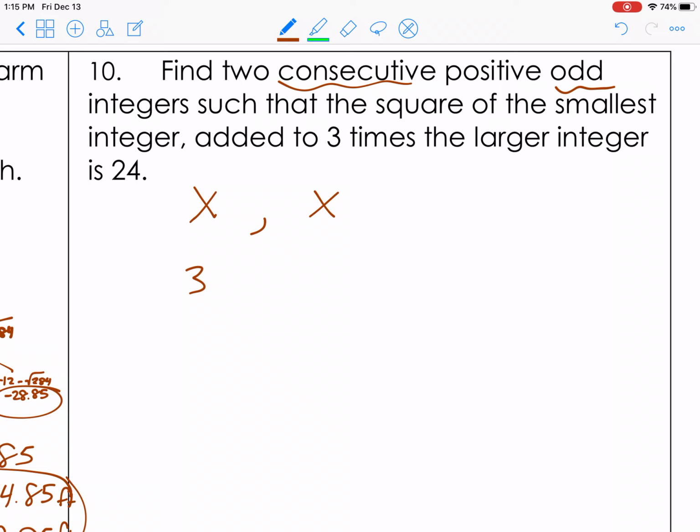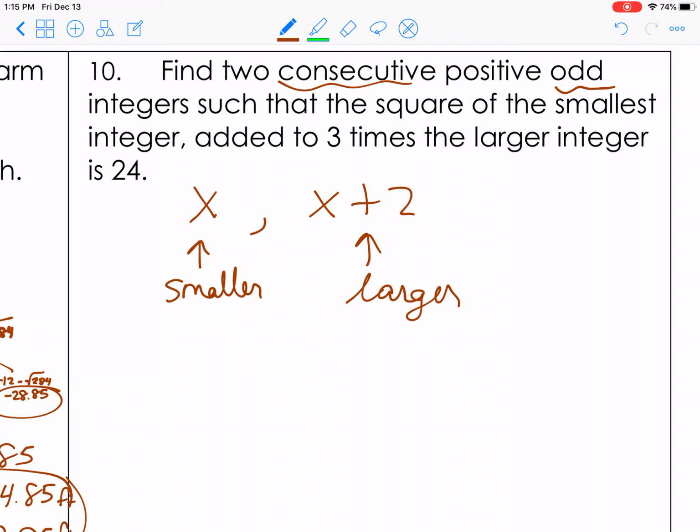I'd have to add 2 so that I could get to 5, right? So it may be 3 and 5, but it might be something different. We're just going to do these two. This one would be considered smaller, and this one would be larger. That might help us as we're trying this problem.